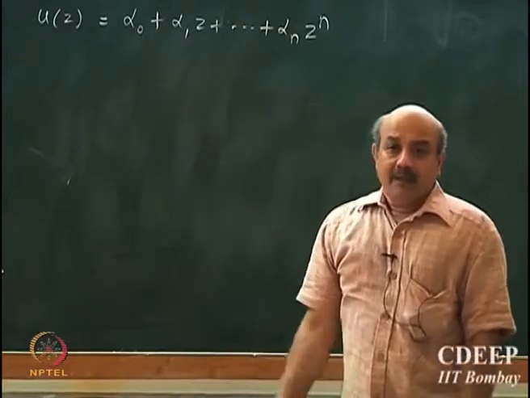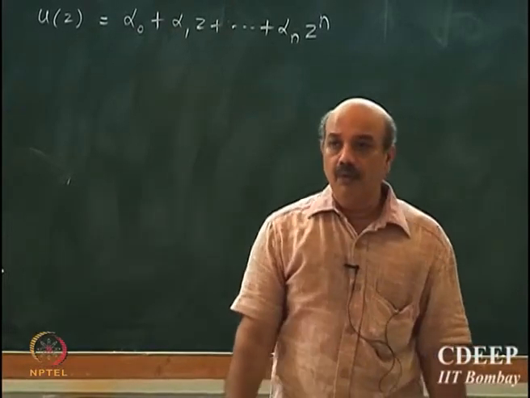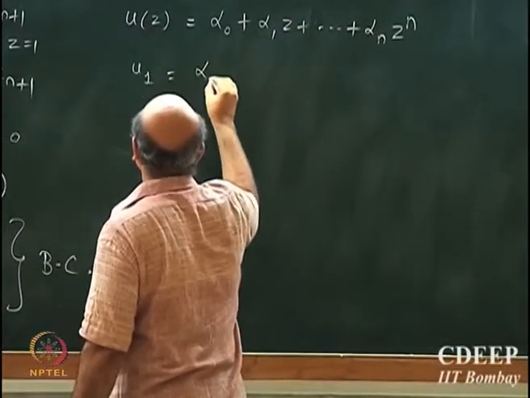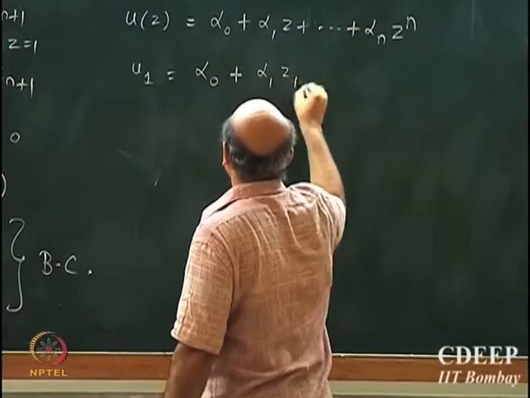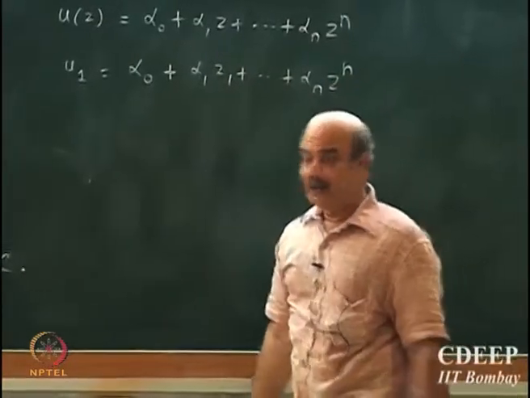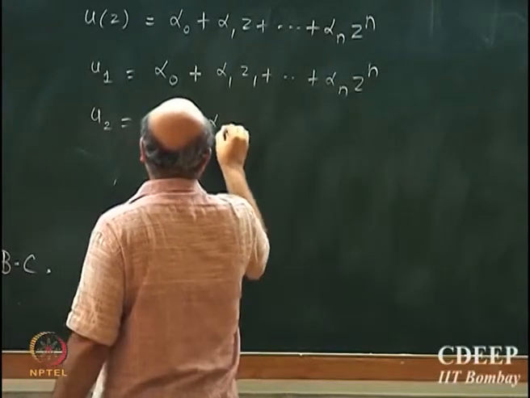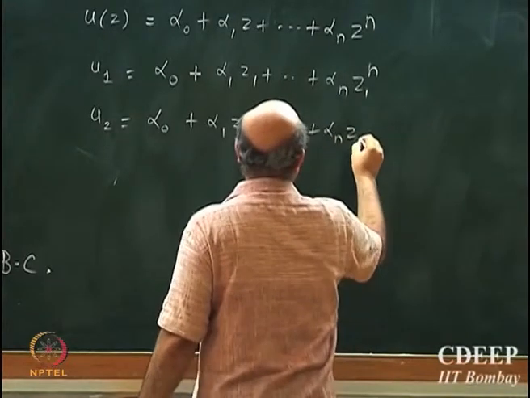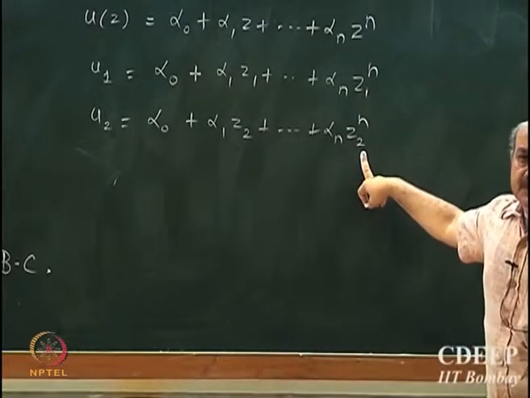Now, if you want to develop an interpolation polynomial, what will you do? You will write these equations. U1 is equal to alpha 0 plus alpha 1 z1 up to alpha n z1 raised to n. Then U2 is equal to alpha 0 plus alpha 1 z2 up to alpha n z2 raised to n, and so on.